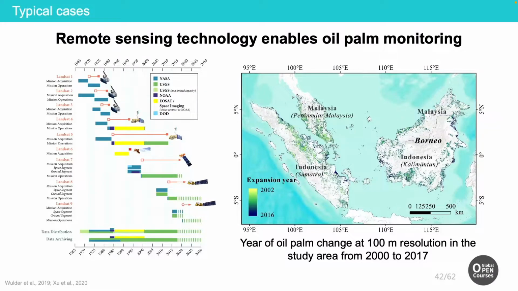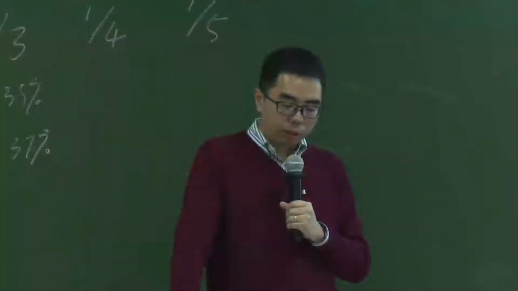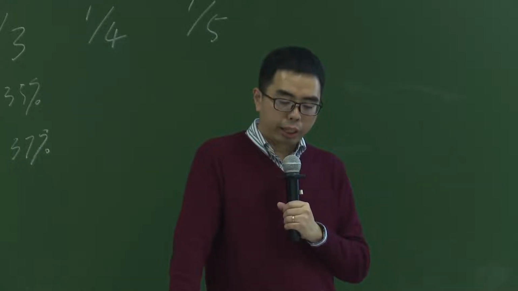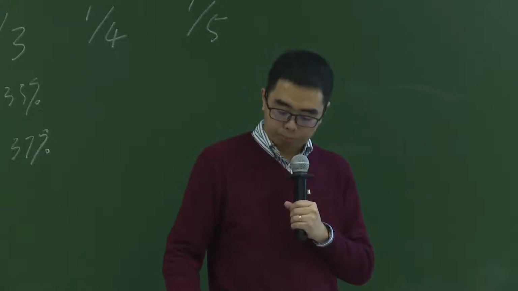Just as I mentioned, satellite remote sensing can provide us time series observations. And as this figure shows, the satellite can provide us data that can be traced back to the 1970s. So by using those remote sensing techniques, we can monitor the annual changes of oil palms along the years.